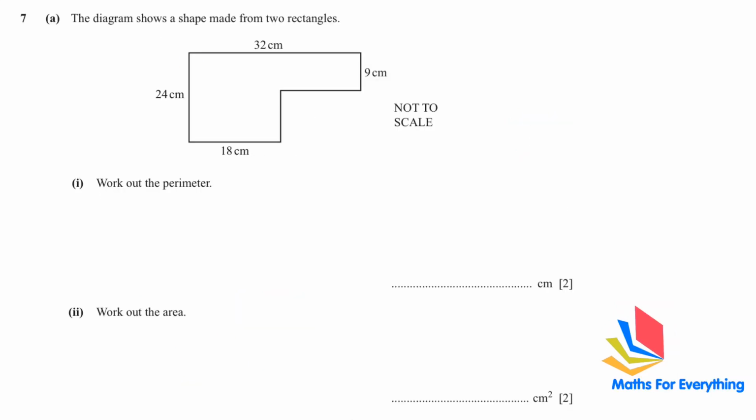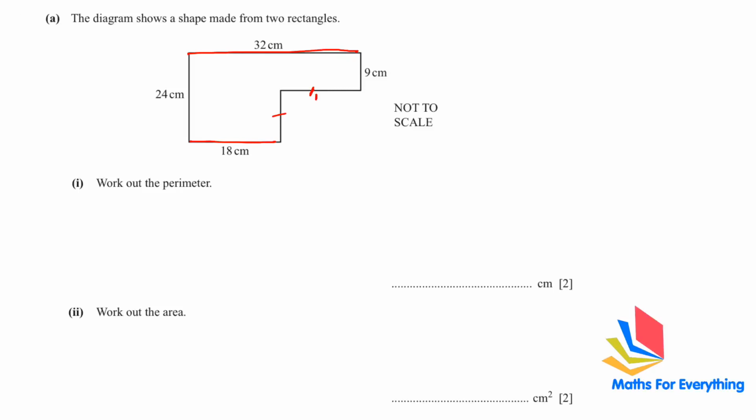Question number 7, we have been given a compound shape and we have to work out the perimeter. Two sides are not given to us. Perimeter means the outside dimension. So if I want to find this side here, from 32, subtract 18, and that will give me 14.